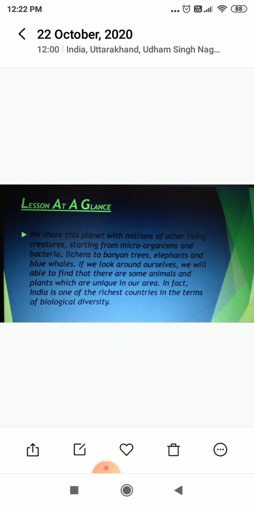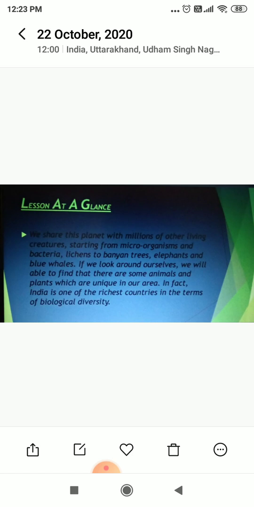If we look around ourselves, we will find some animals and plants which are unique in our area. In fact, India is one of the richest countries in terms of biological diversity. That is why India is one of the 12 mega biodiversity countries in the world.